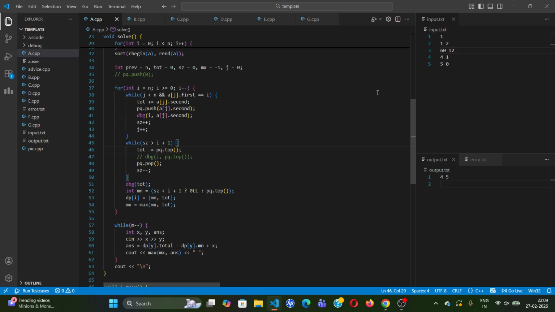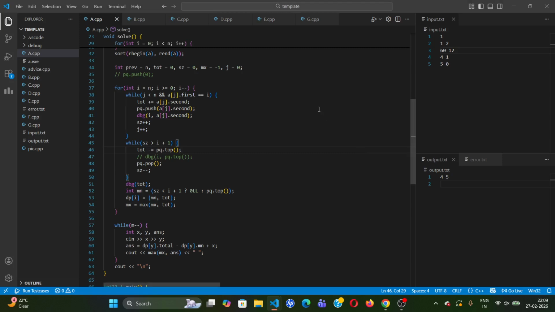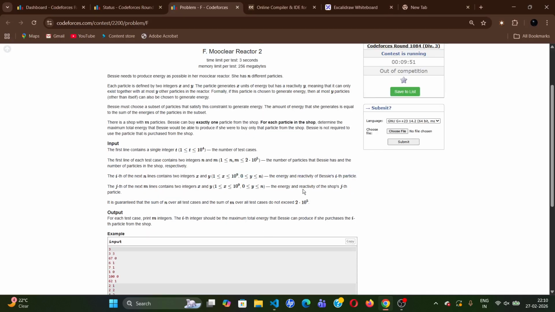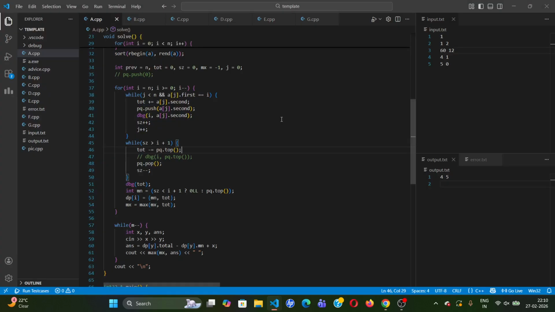So okay, n cannot be 12. And why that can maximum n. 12 is 5. 5 2.